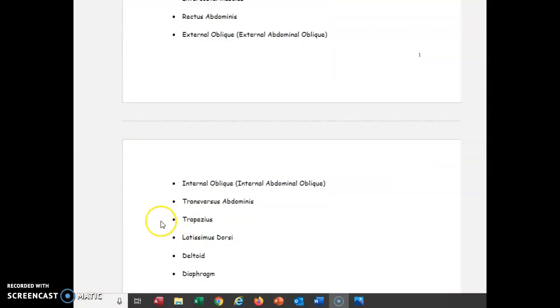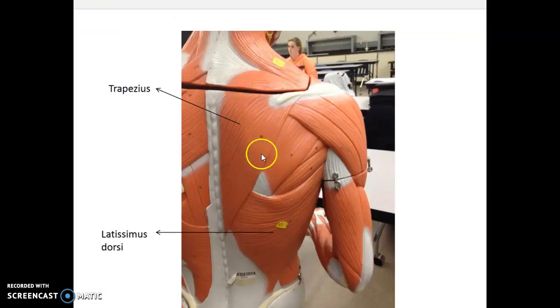Okay, our two biggest back muscles are our trapezius and our latissimus dorsi. So we'll look at those. So here we see our trapezius right here, kind of forms a V shape, and it actually runs across your shoulders. You can see part of it from the front side and it runs even up your neck.